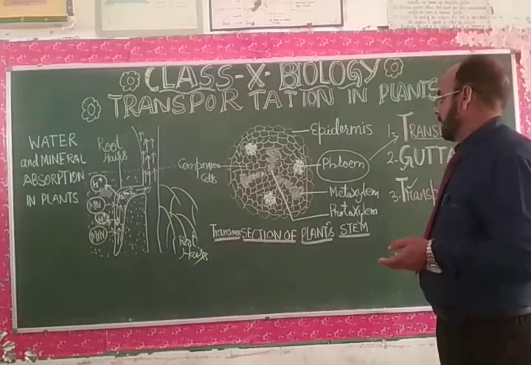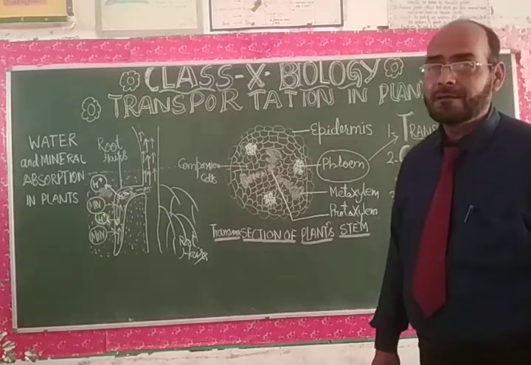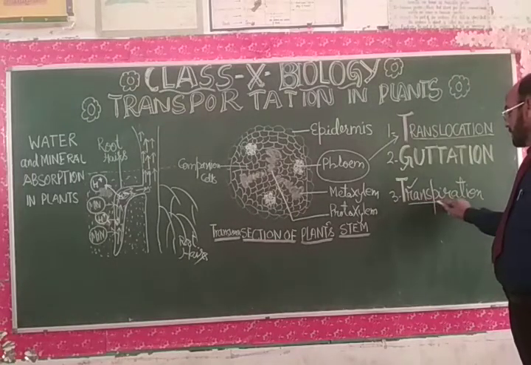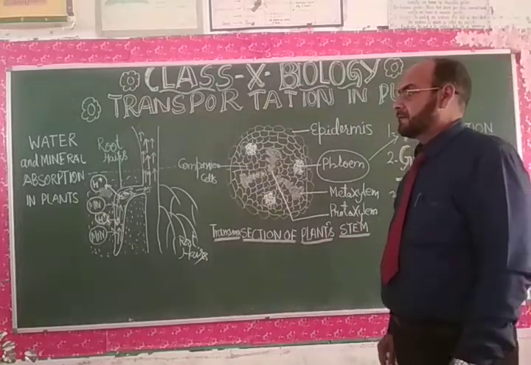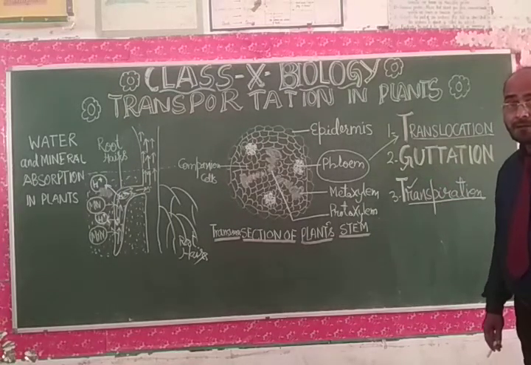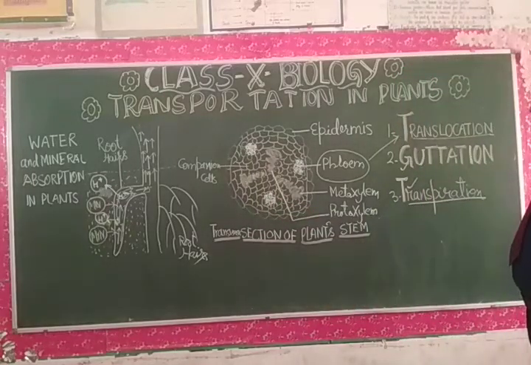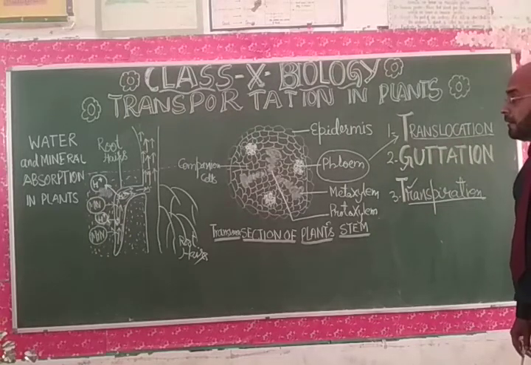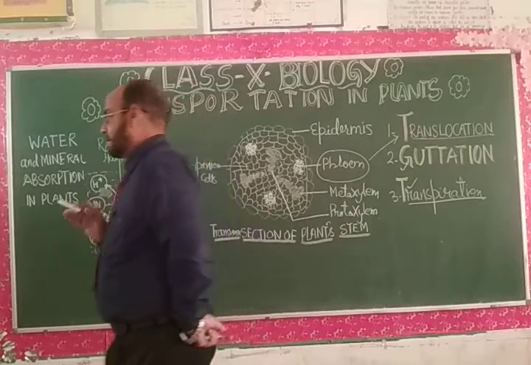As a result of that activity, if excess water is there, then that water gets evaporated by the process of transpiration via stomata, and at night this process is called guttation, where water cannot be evaporated and is spread on the leaves. And finally, translocation is the equal distribution of food, wherever it is required.